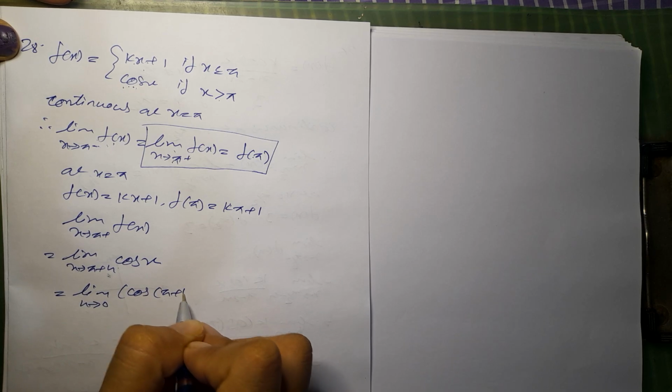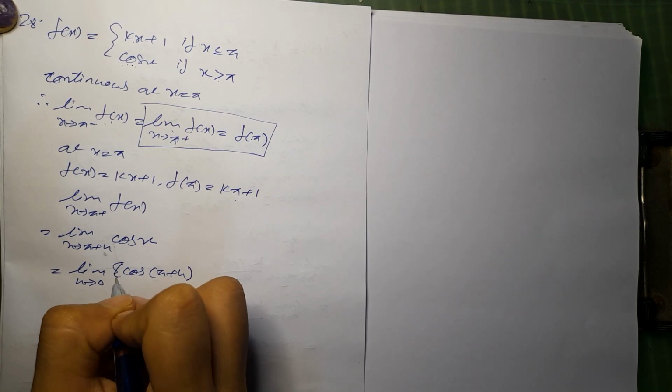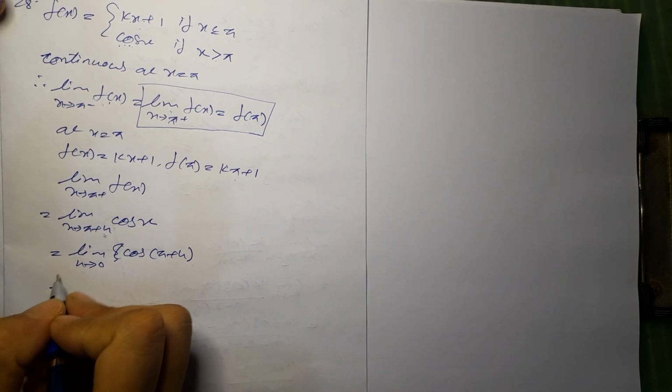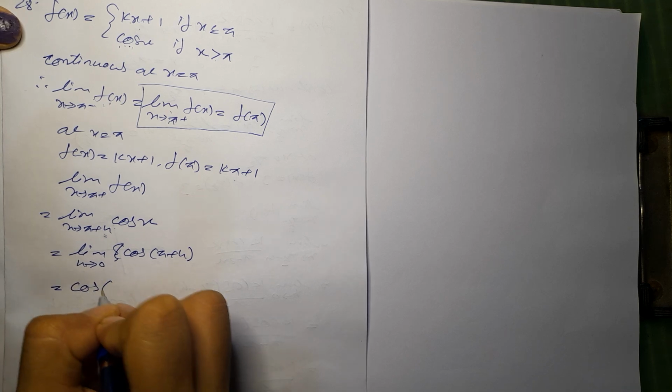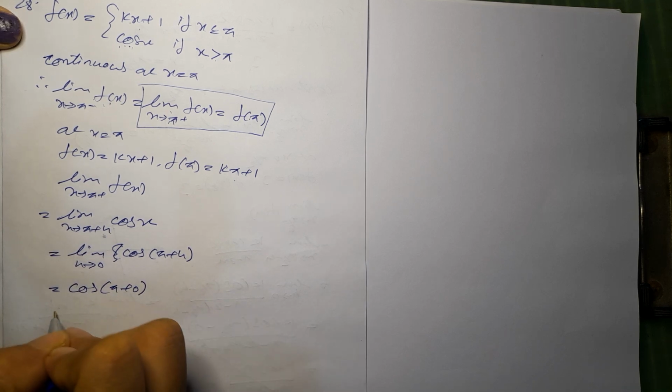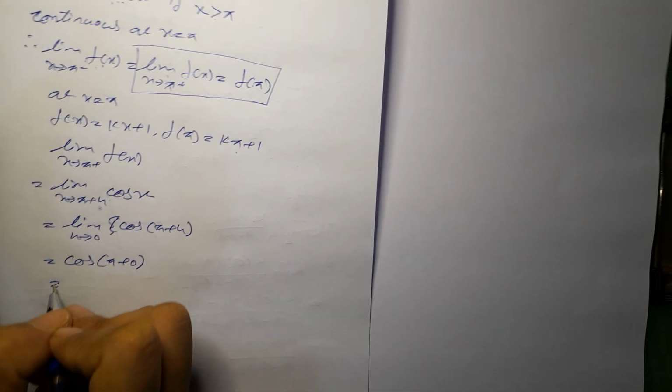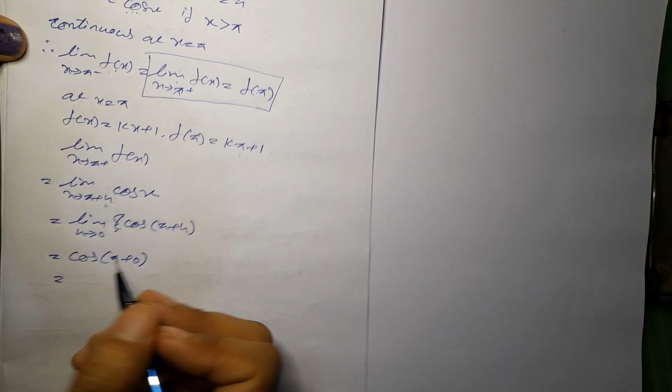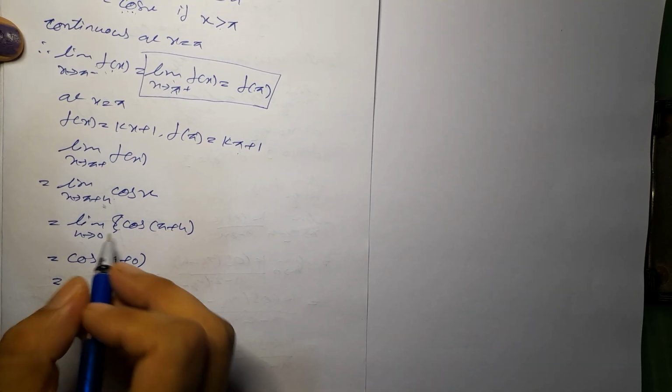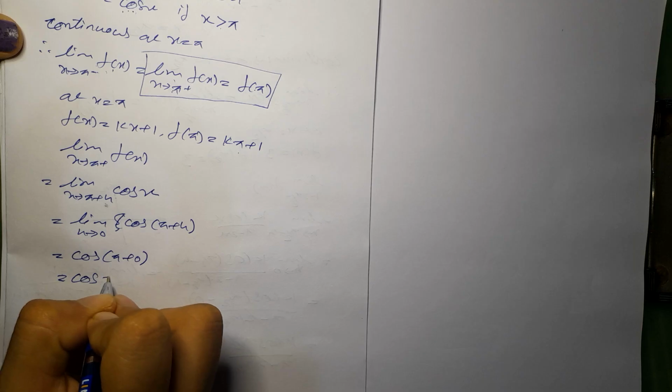So equal to limit h tends to 0 of cos of pi plus h. Now the h will be replaced by 0. So it will be cos of pi plus 0, that is cos pi. 0 plus pi will give pi, so cos pi.